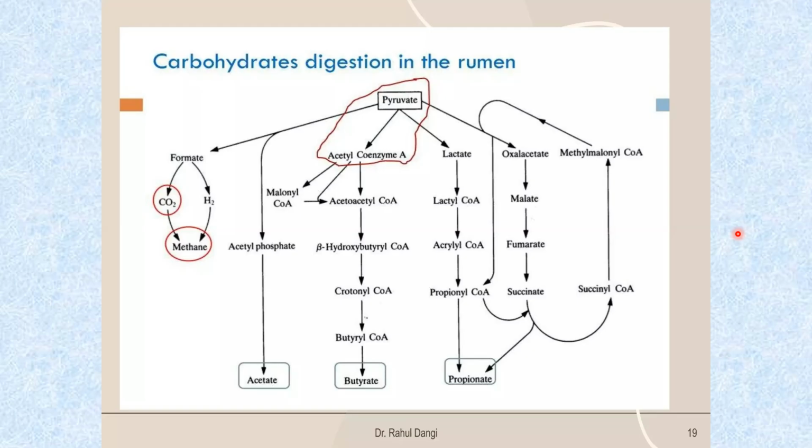In simple words, acetyl coenzyme A. The acetyl coenzyme A is converted to malonyl coenzyme A, then to acetoacetyl coenzyme A, then beta hydroxybutyryl coenzyme A, then to crotonyl coenzyme A. Lastly it is converted to butyryl coenzyme A, and then to butyrates.